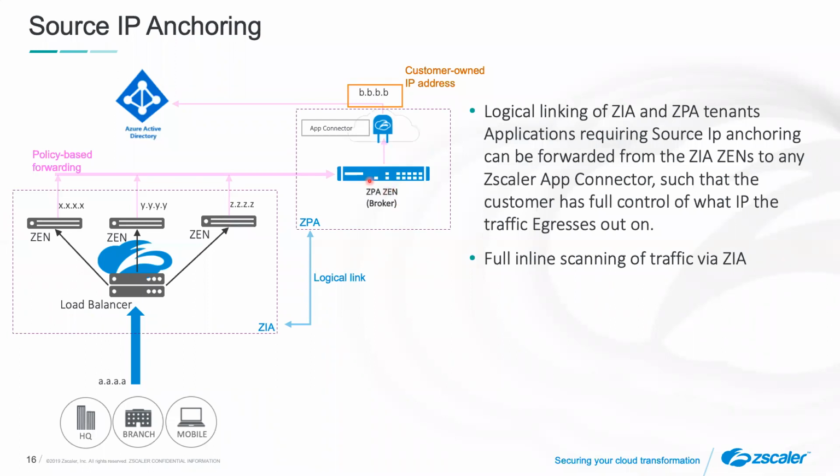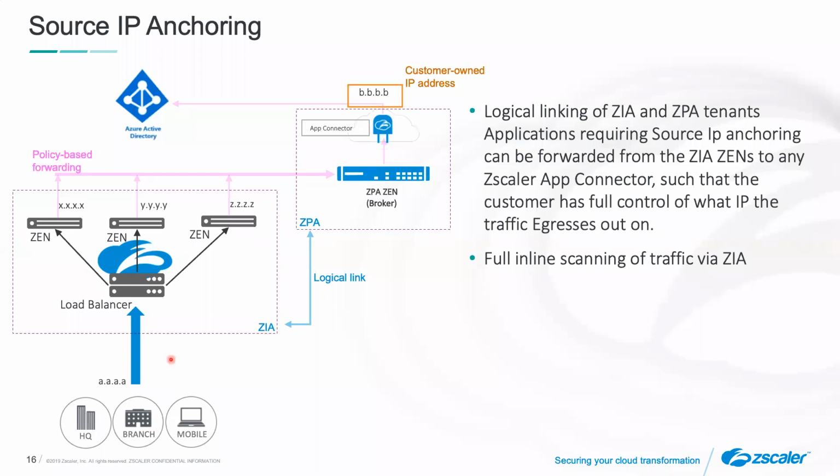And from there, it ends up on the app connector, which is a virtual machine hosted by you, and its IP address is owned by you. So the traffic ends up taking this source IP and it goes out to the internet, and when it does that, your source IP authentication is successful.